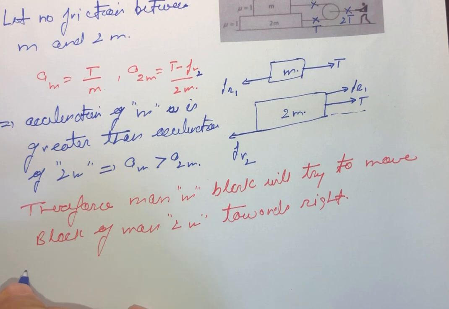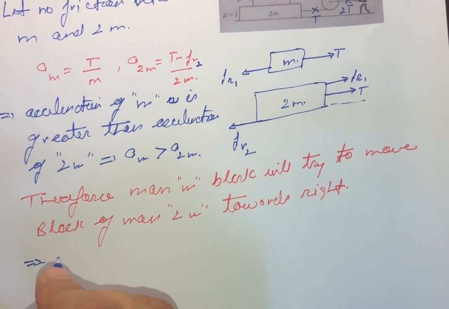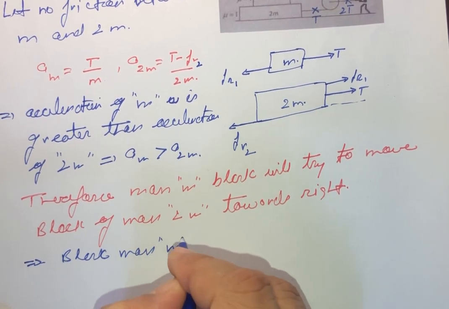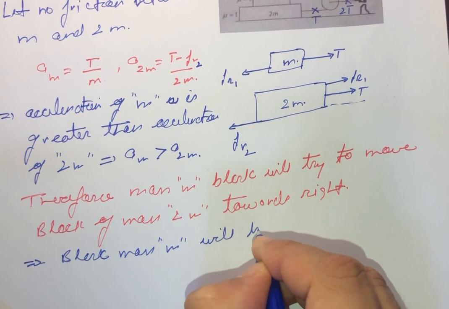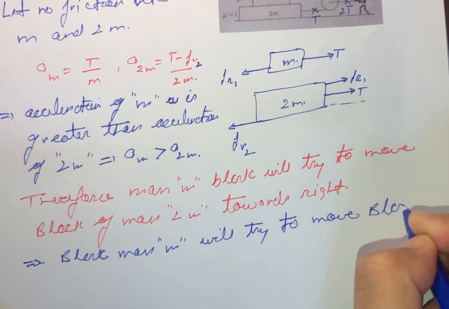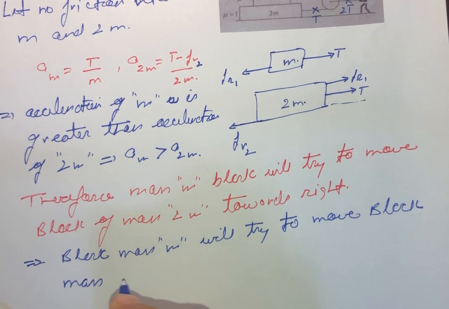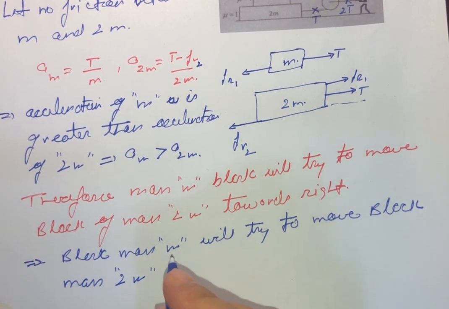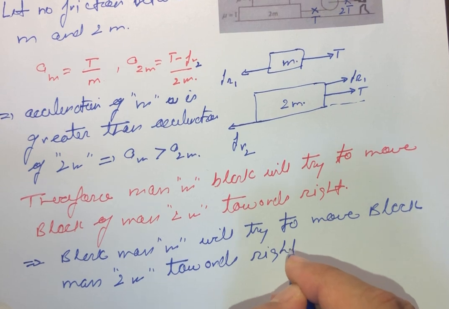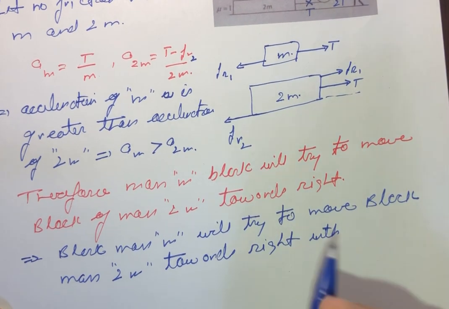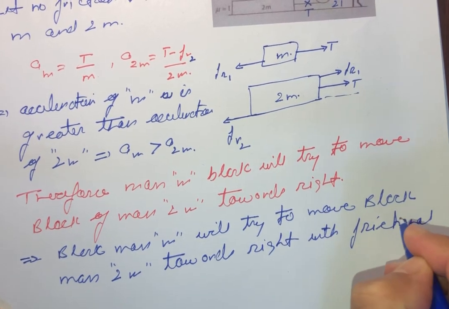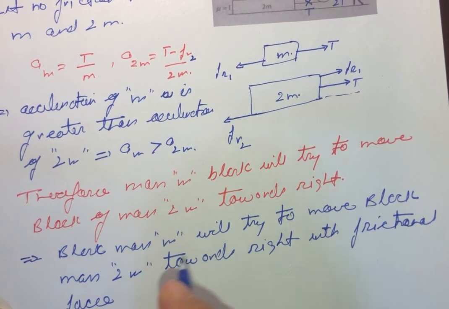Therefore, the block of mass m will try to move the block of mass 2m towards the right with the frictional force which we assumed as FR1.